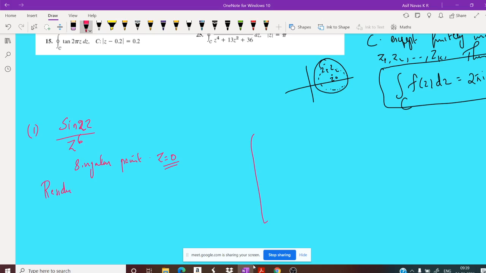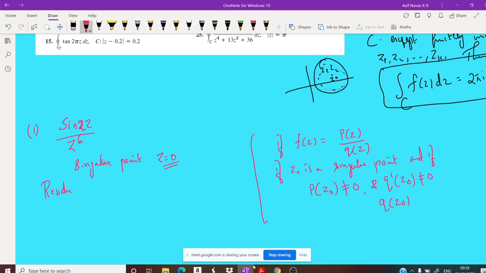One of the important formulas: if f of z is of the form p of z divided by q of z, and if z naught is a singular point, and if p of z naught is not equal to 0 and q dash of z naught is not equal to 0, also q of z naught is equal to 0, then the residue of f of z at z equal to z naught is p of z naught divided by q dash of z naught.